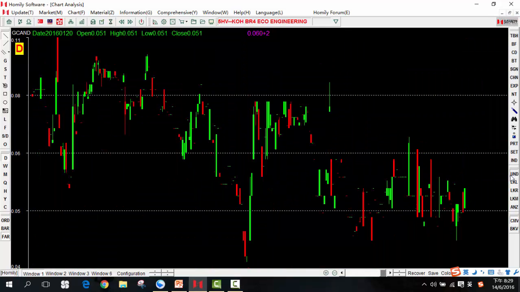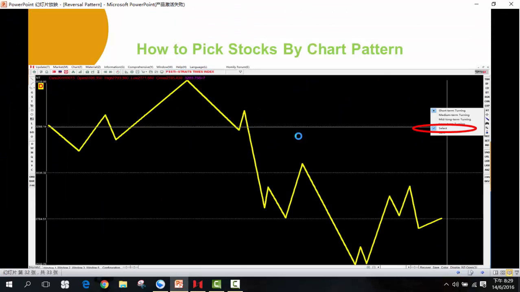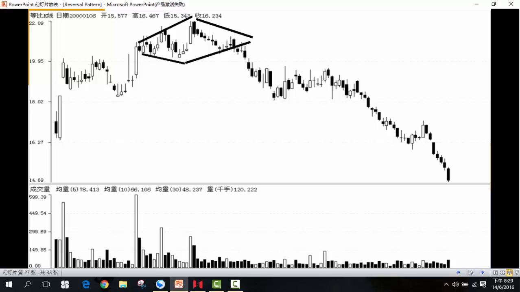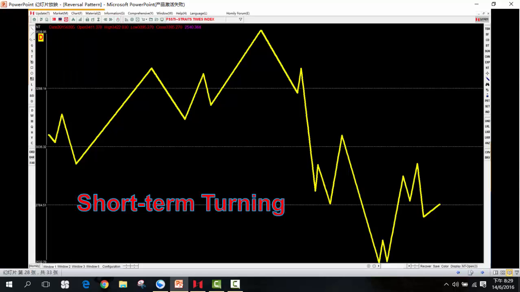So this method, I hope you can grasp. If you want to find some pattern you want, then you can use this method to find the pattern to select, to pick some stocks. Okay, this function cannot help us to judge the buy and sell point, but it can only help us to judge the pattern easily.